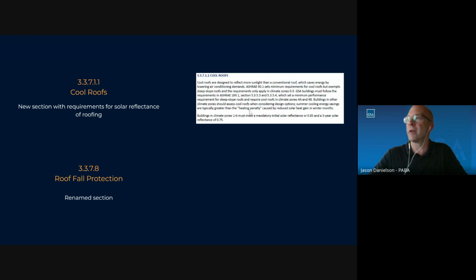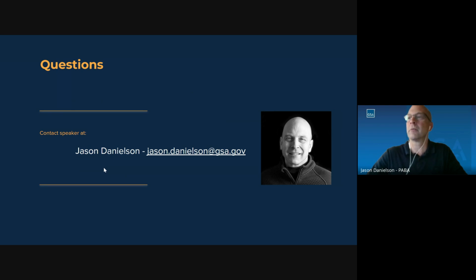There's other ASHRAE 189.1 sections listed. So if you're looking at cool roofs, there's a new section there. And then 3.378, roof fall protection, just got renamed. So real quick, that's everything. I think we hit some of the questions. If there are any other questions, feel free.